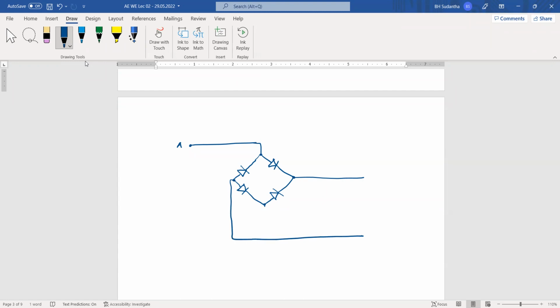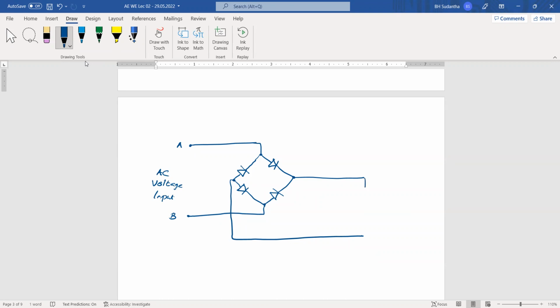And this is the output side, and this is the input side. Here you can give AC voltage input.